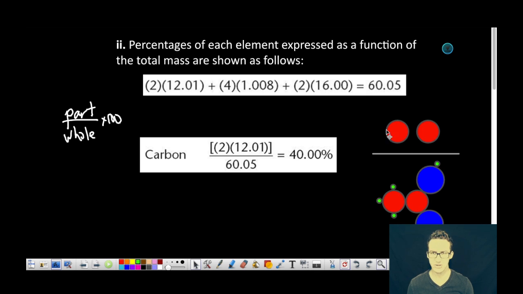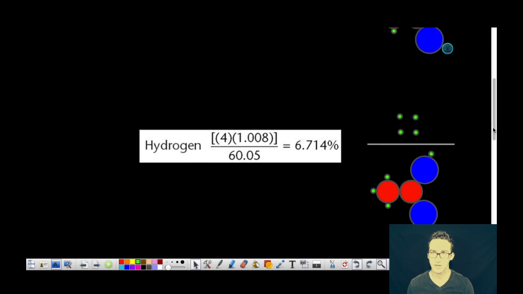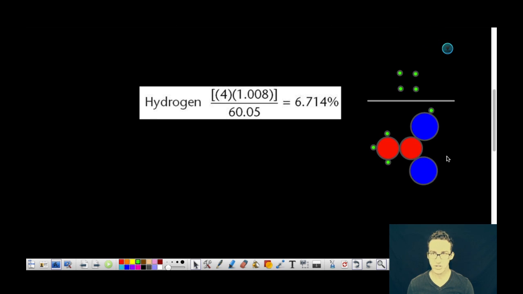And as you can tell sort of visually here, the carbon makes up about 40% of the total mass of the compound. As you look at hydrogen, same thing applies. You're going to take the part that's hydrogen, except this time it's 4 times 1.008 over the mass of the total. Hydrogen makes up only 6.714% of the mass of this compound.